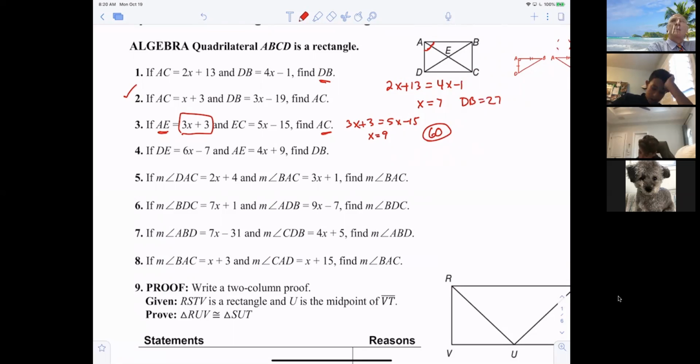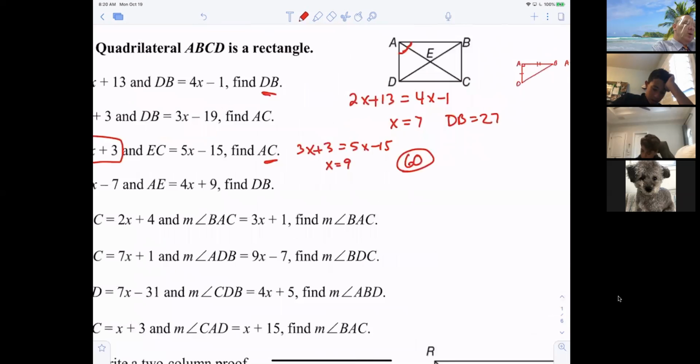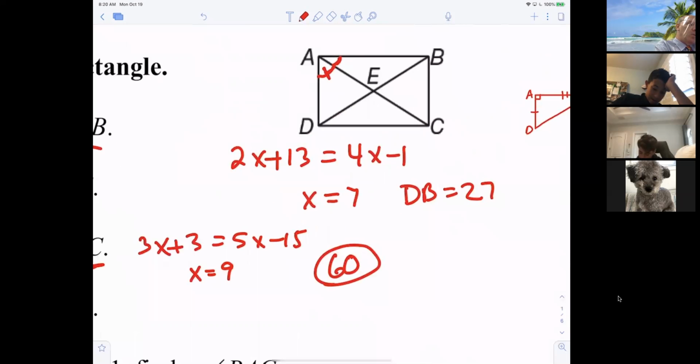We did not say that the diagonals bisect, right? We do know, come on now, look up. This angle right here is equal to this angle right here. And this angle right here is definitely equal to this angle right here. But does everybody agree those angles are not equal to each other? All right, so be careful with that.